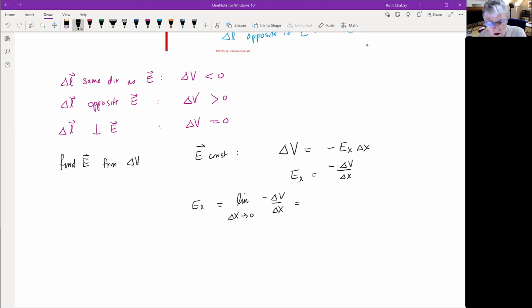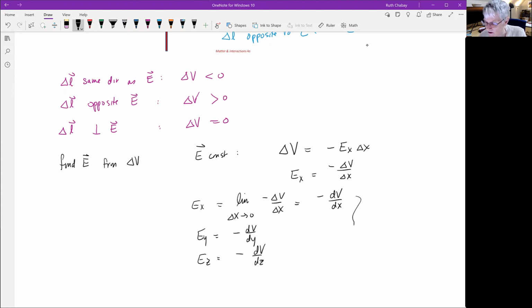We'd get a minus dV dx. And likewise, E sub y is a minus dV dy, and E sub z would be a minus dV dz.